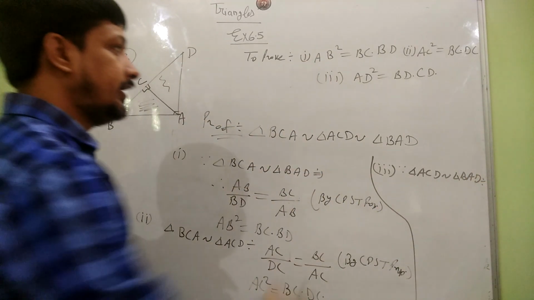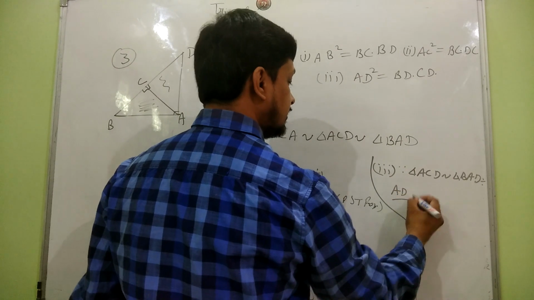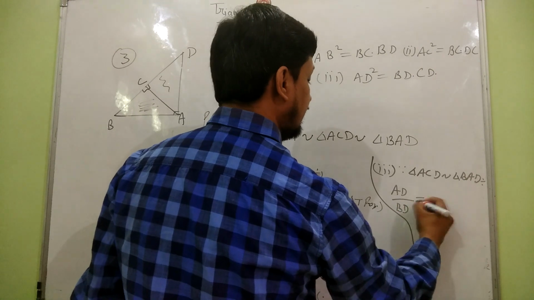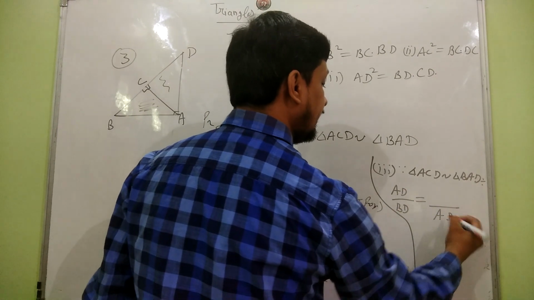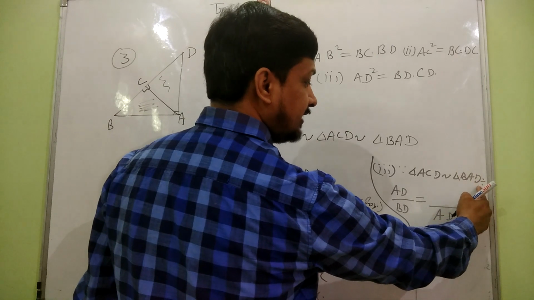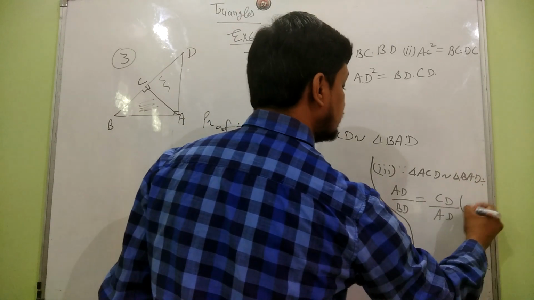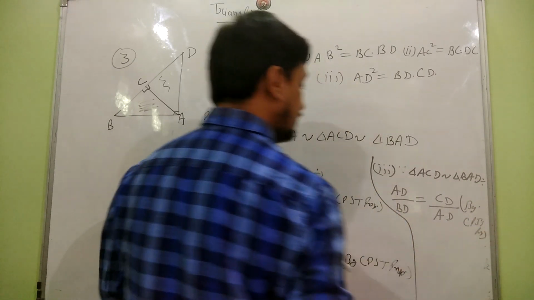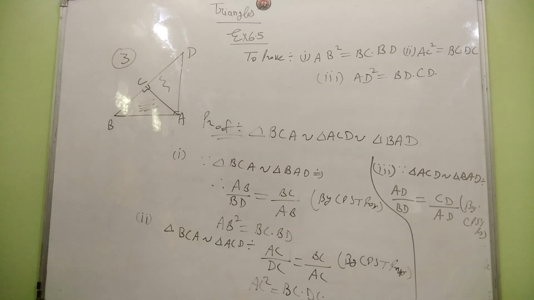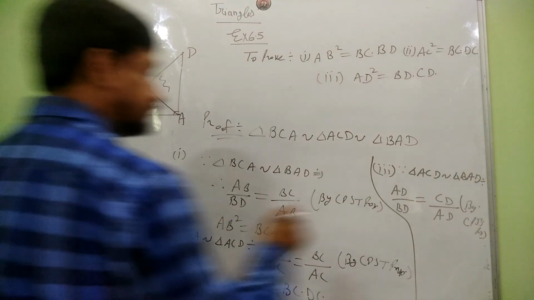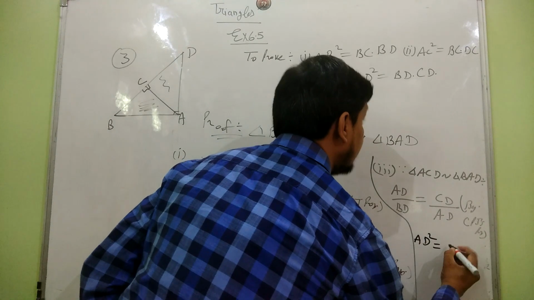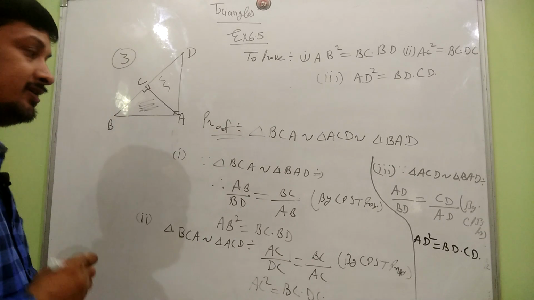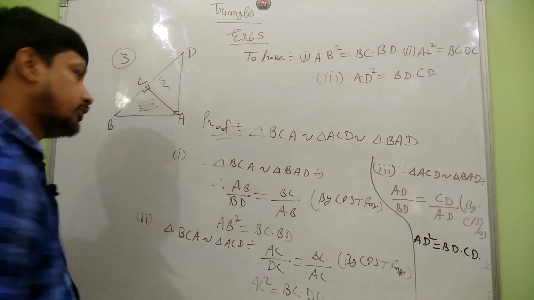Now what do we need? AD square. So what is the side corresponding to AD? First third BD, and we need AD square, so here should be AD in the second triangle. Second third is CD. So it is by CPST property. Now we just cross multiply to get the result, and you will get AD square equal to BD into CD. This is your answer. Okay, so just have a look and note this down.